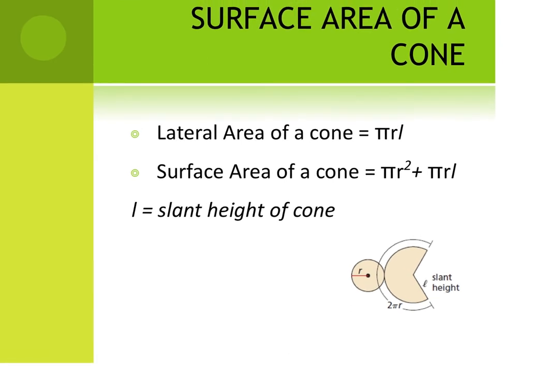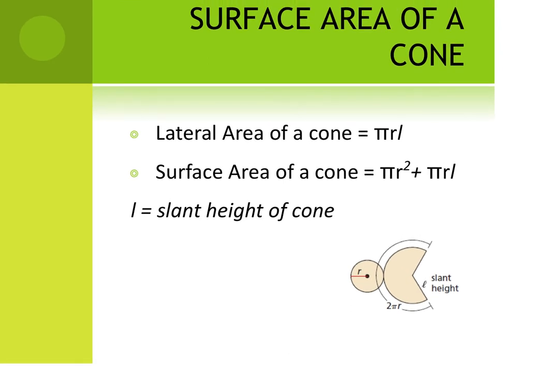To find the surface area of a cone, you're going to have two regions, right? You're going to have the lateral area of the cone, which is pi r times l. It's like an indexed L. That's called your slant height, okay? So circle this one and label it your slant height.